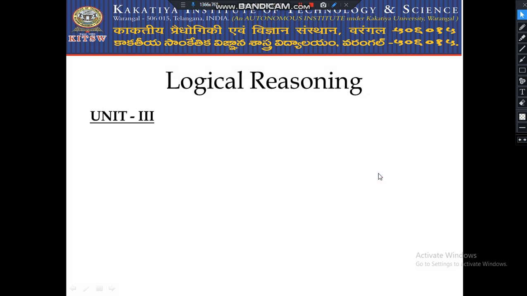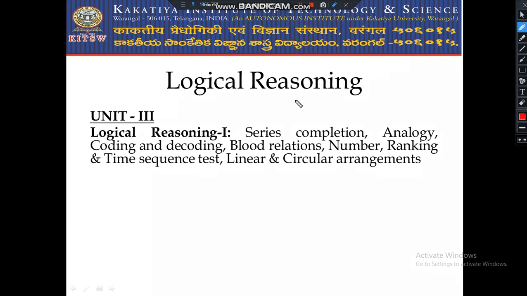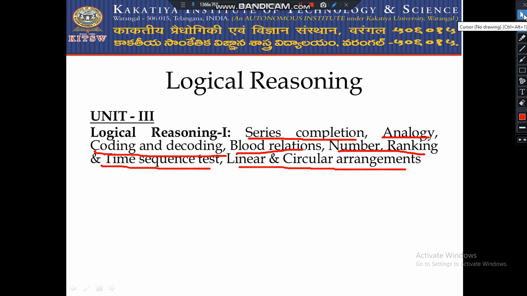Unit 3, part 2, has logical reasoning. Logical reasoning has series completion, analogy, coding and decoding, blood relations, number ranking and time sequence test, linear and circular arrangements. So logical reasoning tests your reasoning mindset, judgment mindset.